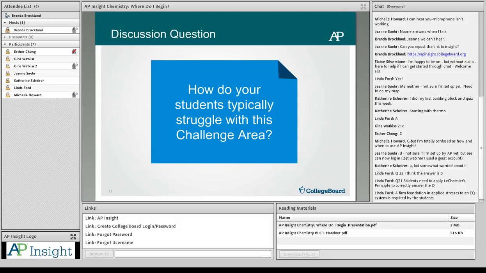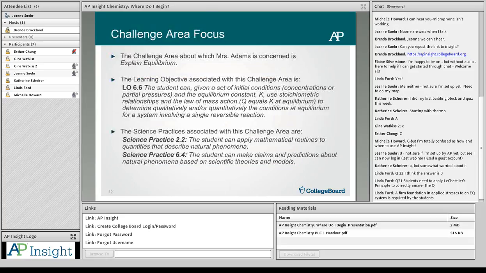So does anybody have any struggles that they think their students have with this challenge area? Well, okay, you guys might, oh yeah, go ahead. Well, I was just going to say, I'm still looking at this question and question 22, and a lot of the problems in the textbooks are a little bit easier than this.